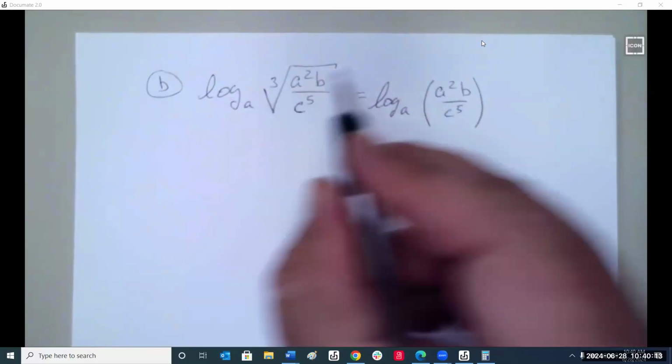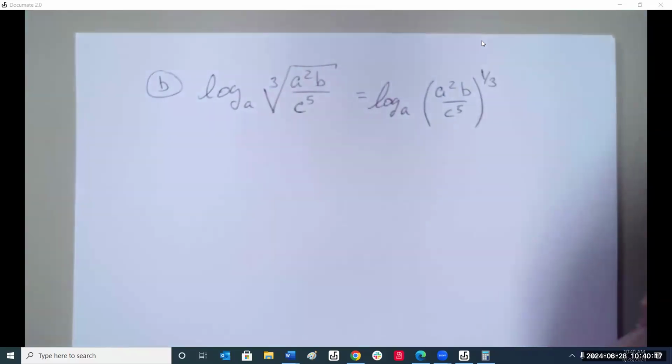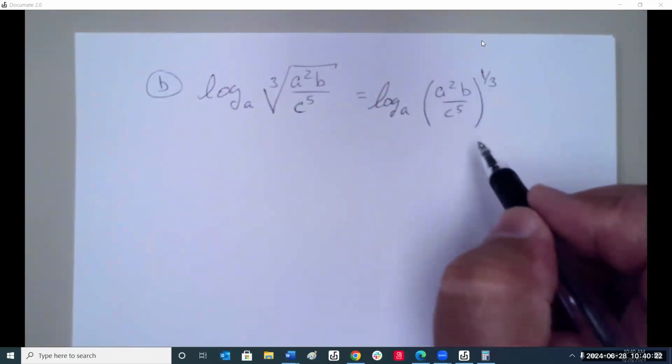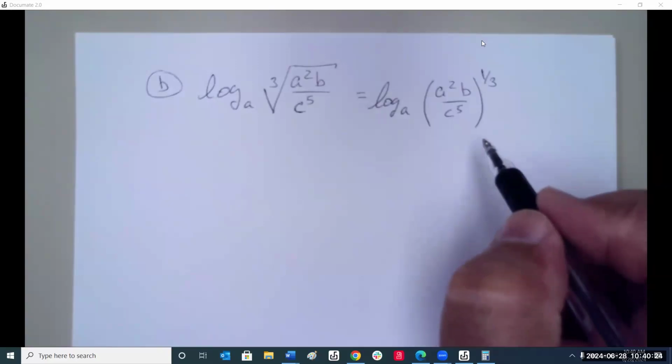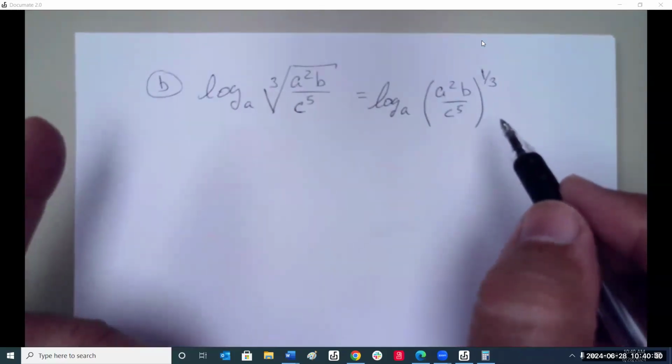So instead of a radical, what does it become? 1/3. Very good. Now I have to get rid of the parentheses. Actually, I don't have to. How did you do it?